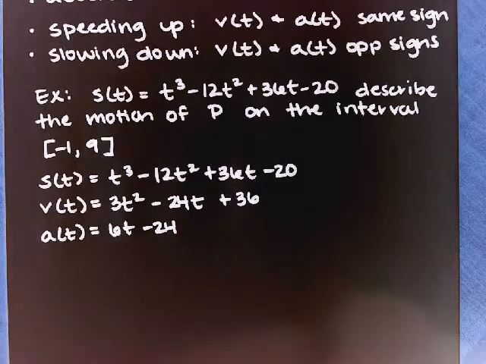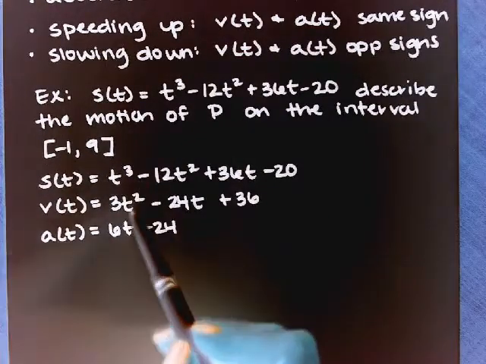So if we want to see when the particle is not moving, because it could move right, it could move left, it's going to stop moving for a moment when it switches directions, right? Because you have to stop, then switch. So what we want to do is see when the particle is not moving. Which of these three do you think you would look at?